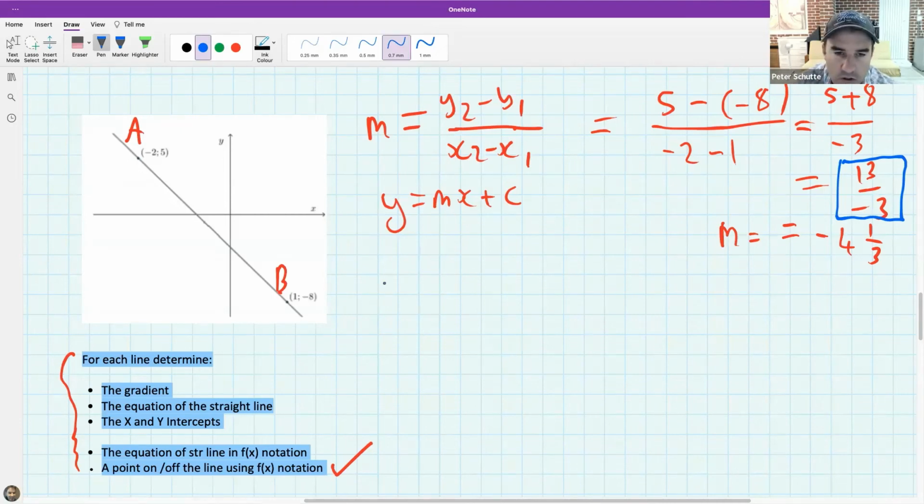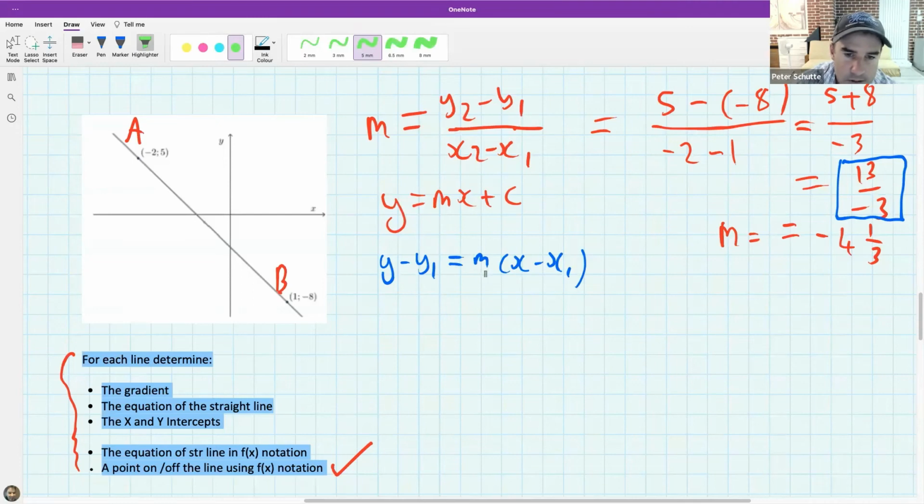Now, in the last question, I did method 1. So in this question, I'm going to do method 2. And that starts by using this formula. But we still need to find the gradient, and we still need a point that we sub into the formula.